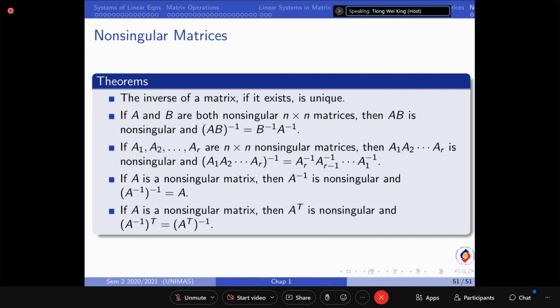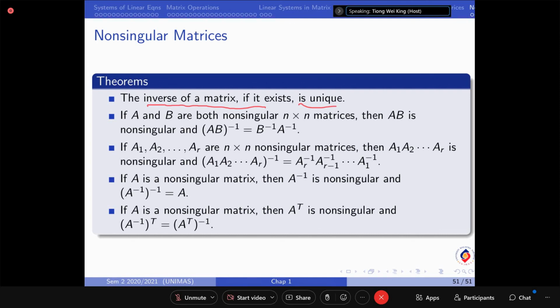This is the theorem for the non-singular matrices. If there is an inverse matrix, then it is unique. Meaning for any matrix, if you can find an inverse matrix, there is only one inverse matrix. You cannot find two.